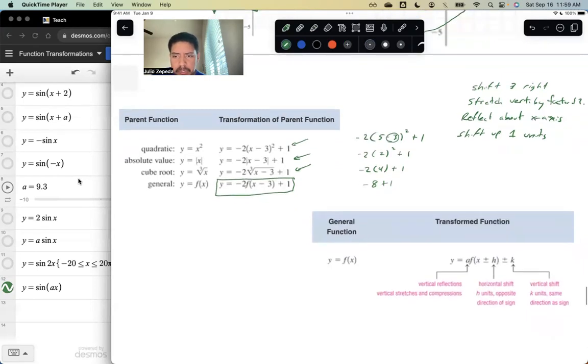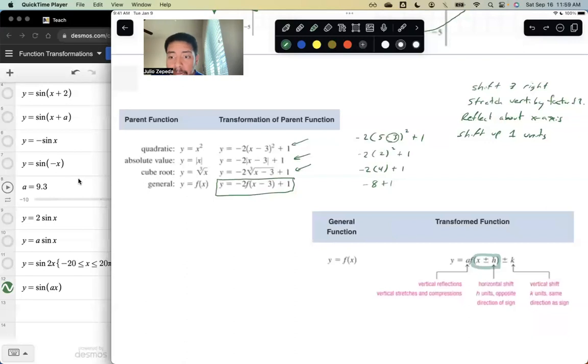Okay, and so here they list what's inside of the function, whether it's an absolute value function, a square function, a square root function, or a cube root. That plus or minus h is shifting horizontally, and it says the opposite direction of sign. That's a pretty nice note that they put there.